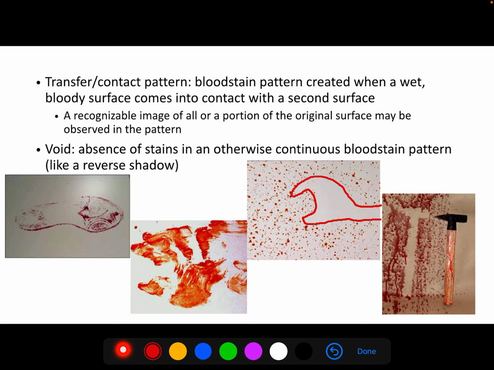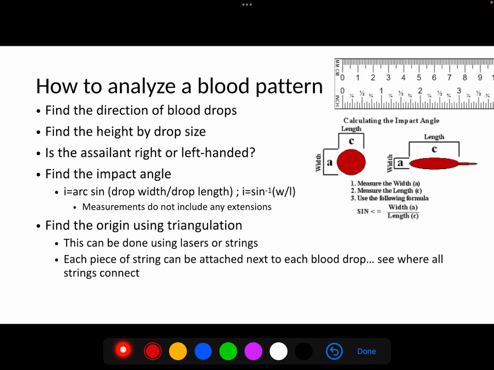Here was a hammer that was left here, and you can actually outline where the hammer was laying at the time that the blood was deposited. So like I said, that would give us a clue of if something was there and was removed from the crime scene, if someone was standing there and blocking the spray of blood. That could give us clues about what is going on.